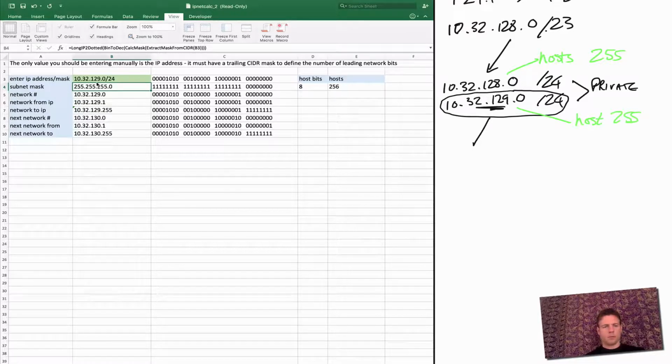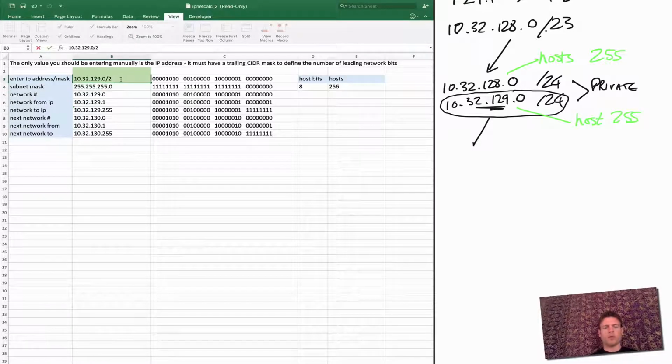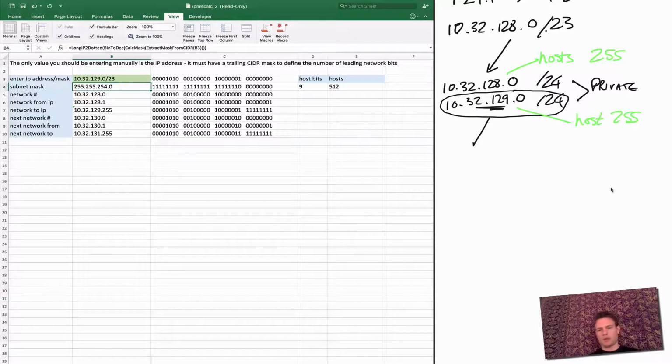And just to hammer the point home, the overall number of IP addresses that we were given to begin with by our network team was 512, or well, let's say 510. So 510 is split up currently into one subnet with 128, one subnet with 129, and each of them with 255 addresses in. And now what we're saying is, let's take our 129.0 subnet and split it even further.